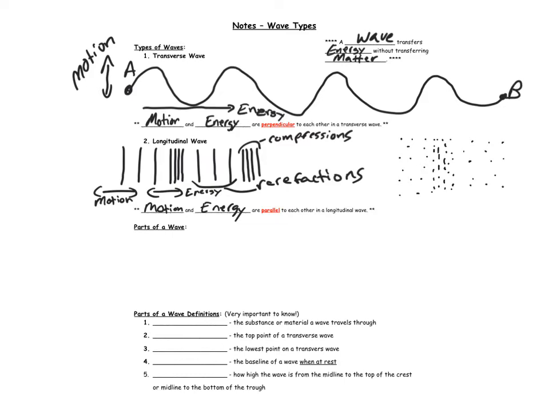So if you're dealing with a sound wave, it looks a little bit more like this rather than the front I had. But basically you get these areas where the particles are rarefacted and parts where the particles are compressed, and that's how sound moves through the air.